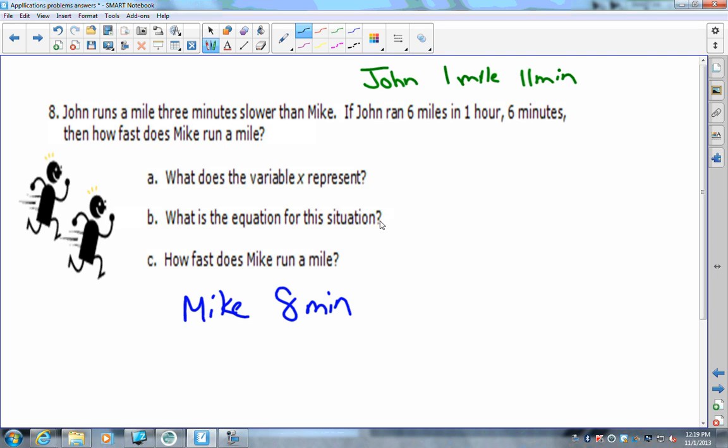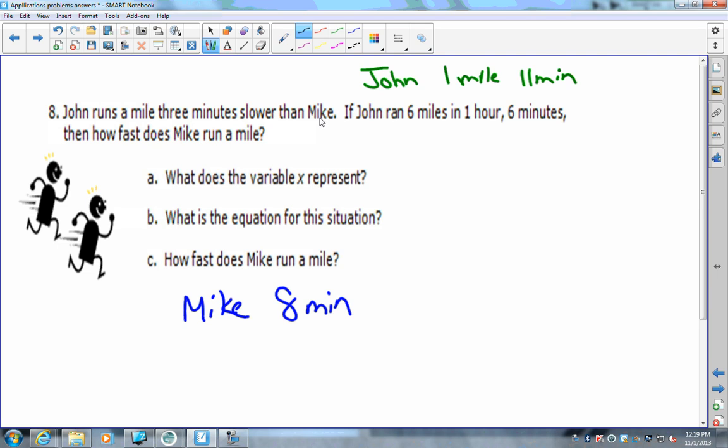What is the original cost? 3 minutes slower than Mike. I don't know why I'm losing my brain today. Maybe a zombie ate it. All right, let's see. Well, I was reading the question, but I'm trying to find the equation. John runs a mile 3 minutes slower than Mike.